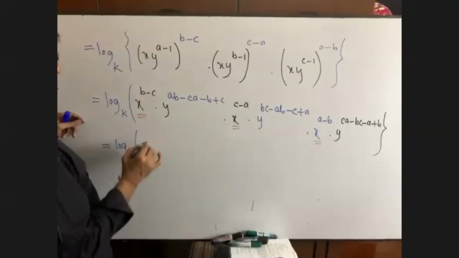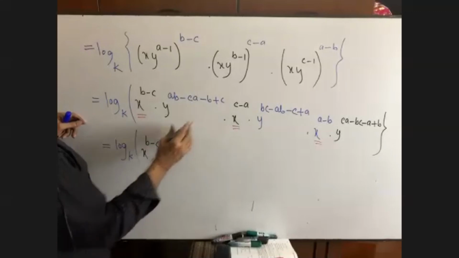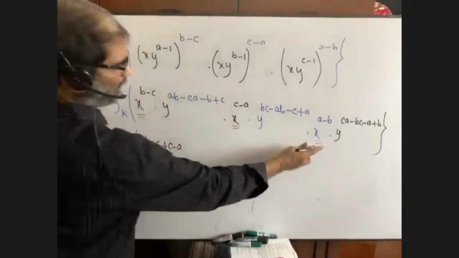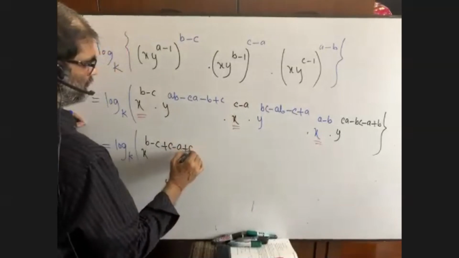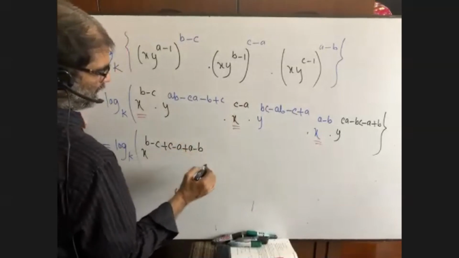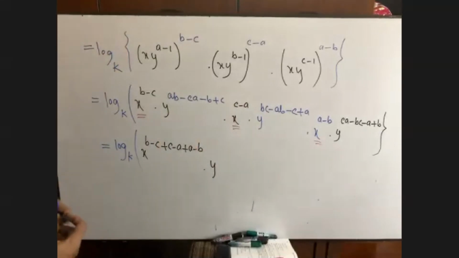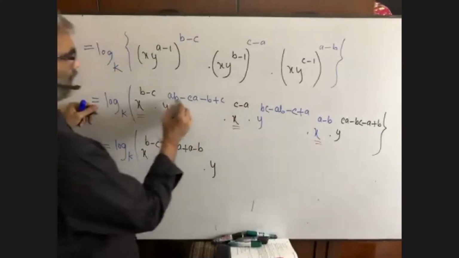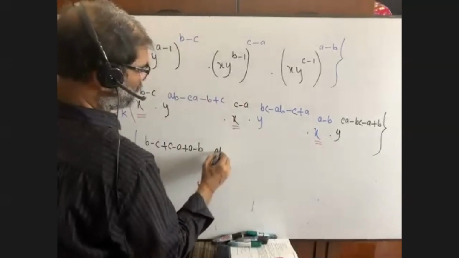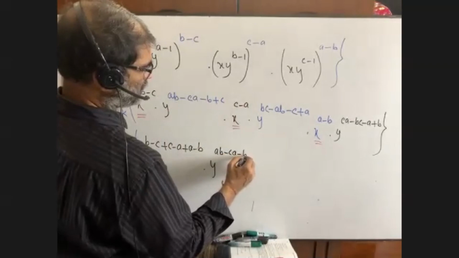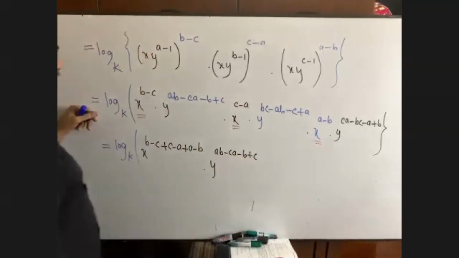Power is b minus c, power is c minus a, power is a minus b. It is the power of x. Now what is the power of y? You see here, write down ab minus ac minus b plus c.